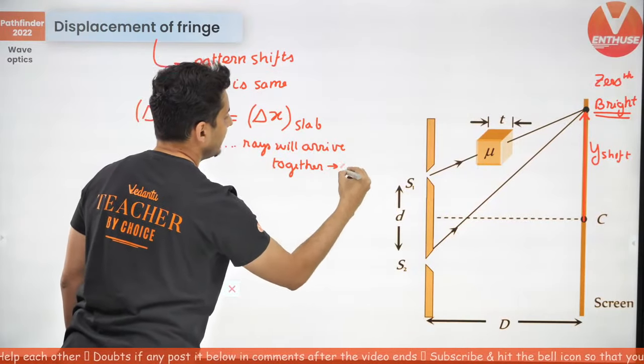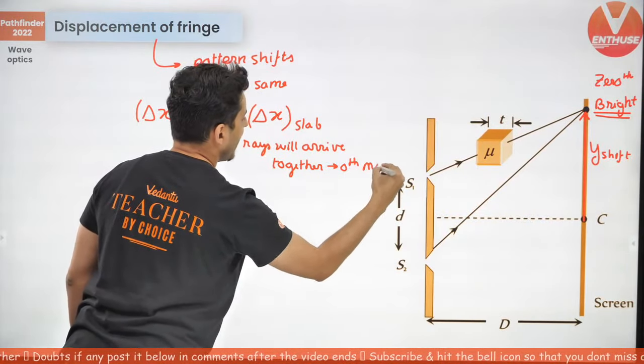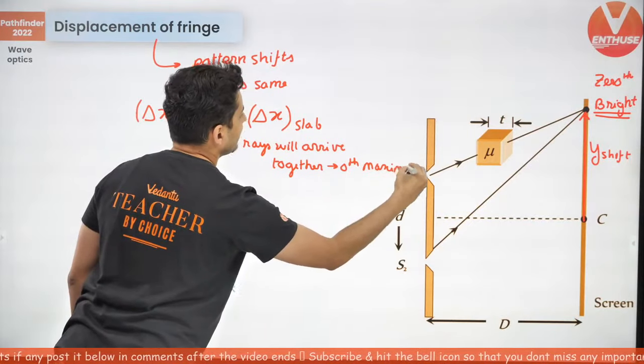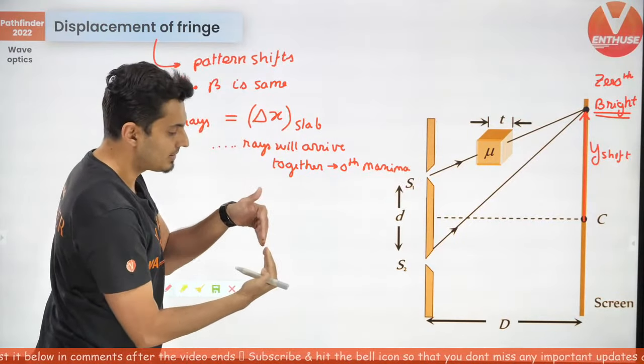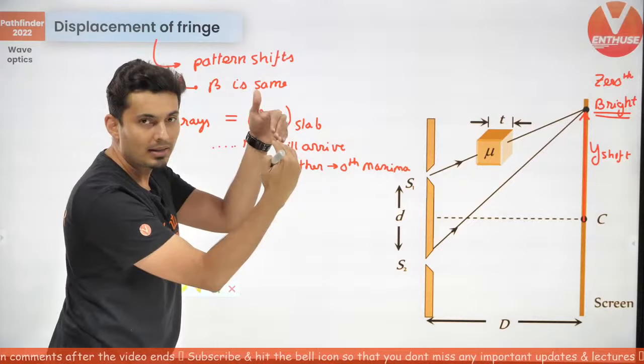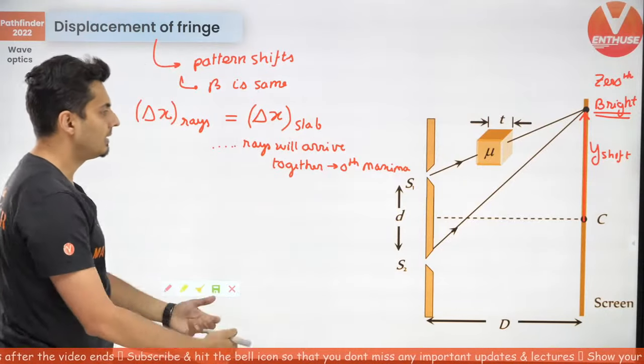That means it will create your zeroth maxima. Zeroth because both are having no difference, maxima because they arrive together to create constructive interference.